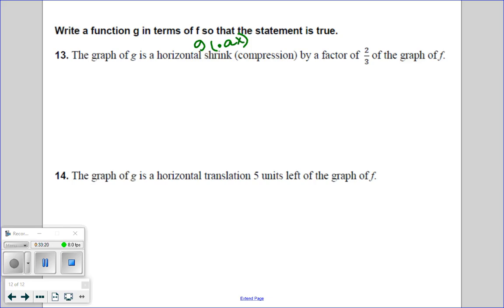So we're looking at something that essentially looks like that. If our factor is 2/3, we know that that's really going to be the reciprocal. So here I could say g of x is just the f of x function multiplied by 3/2 x. And that would achieve that horizontal shrink or compression by that factor of 2/3.